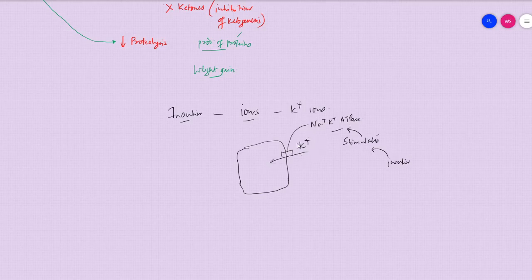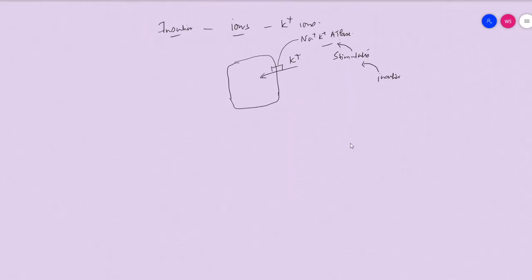So potassium, which was increased in the extracellular fluid, goes within this cell. And what is the condition where there is increased potassium ion in the extracellular fluid? Yes, you're right. It is called hyperkalemia.